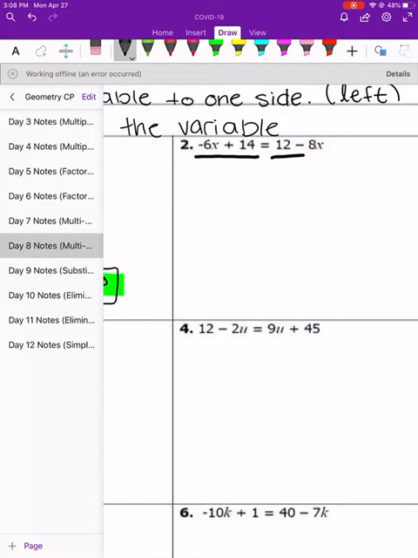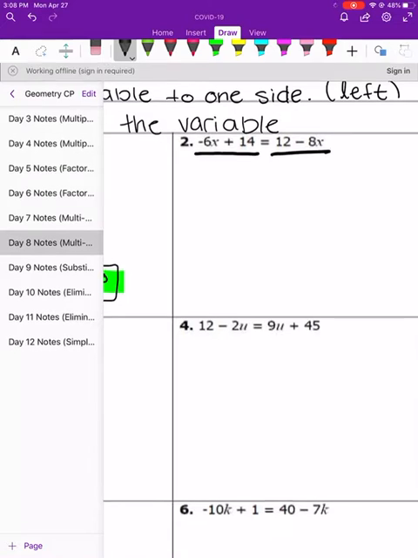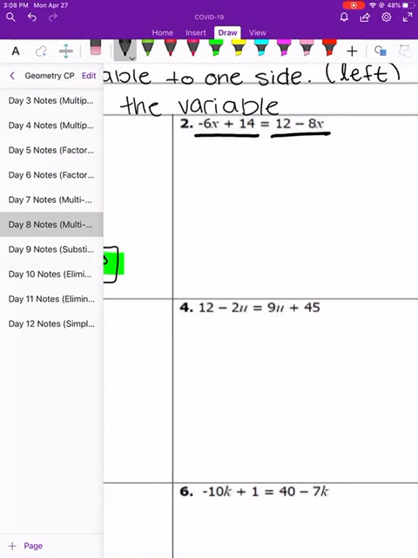There's nothing else. So I'm going to go to my right side. 12 minus 8x, those can't combine either. So I'm going to go ahead and start moving my variables. So that means I'm going to move my 8x to the left. So the opposite of subtract is add. So I'm going to add 8x to both sides.